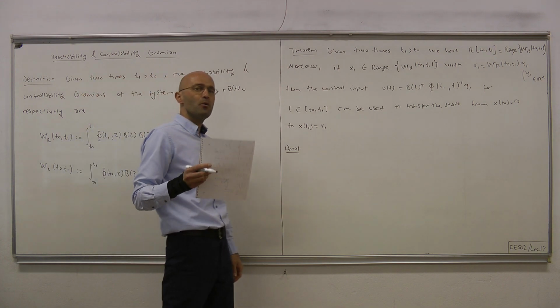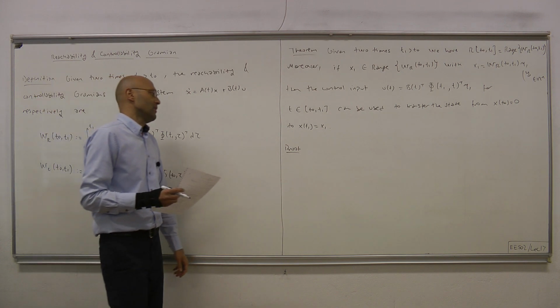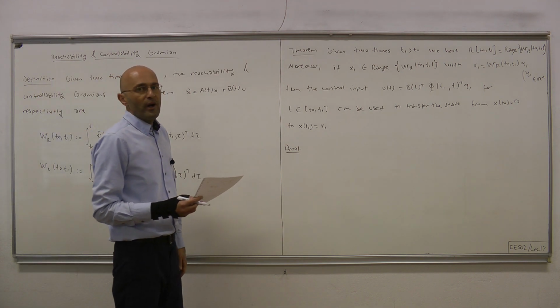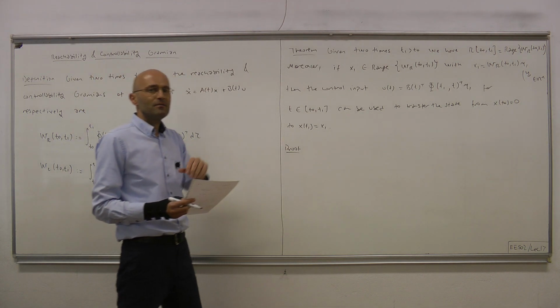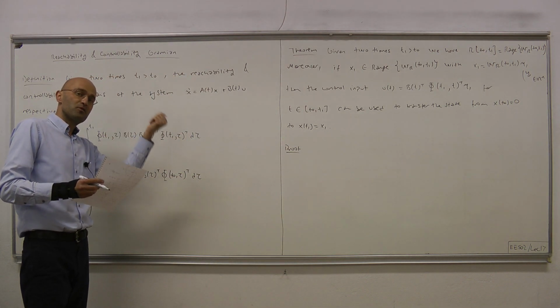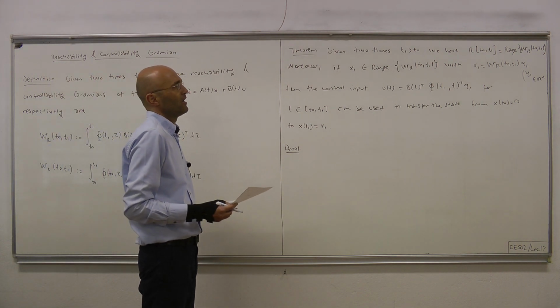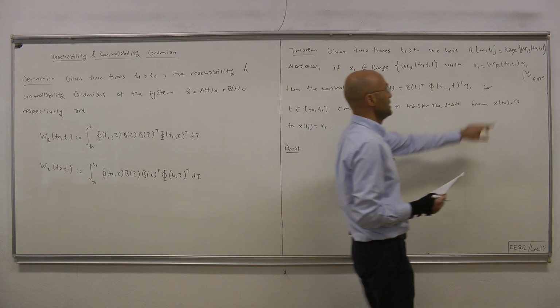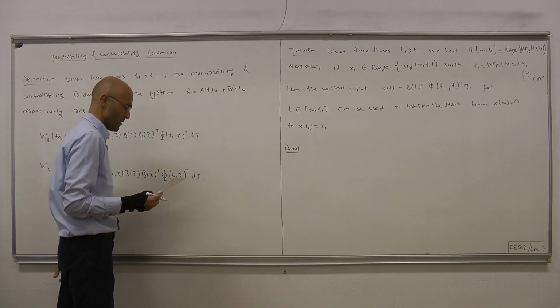Whenever you want to prove that two sets are equal to one another, a general way to do that is first you show one is a subset of the other, and then you show the other is a subset of the first one. If both are subsets of each other, then they must be the same set, the same subspace.